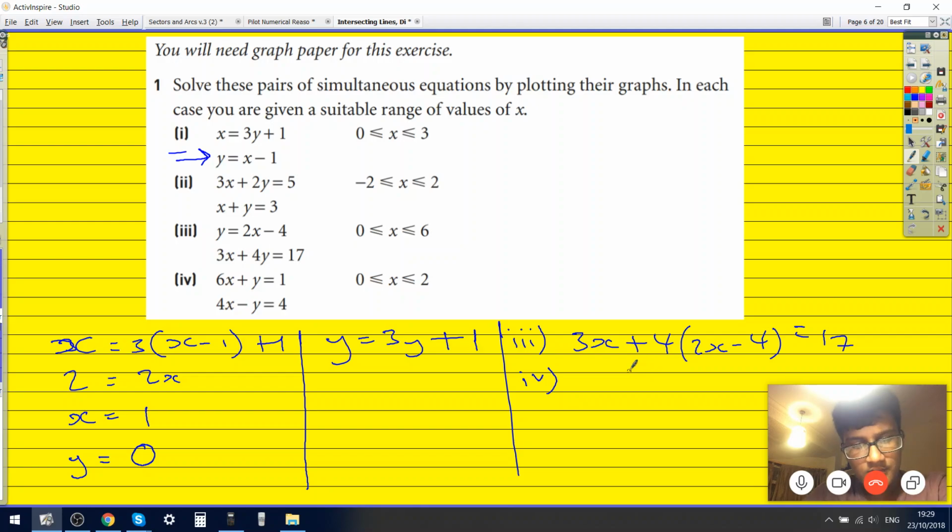You'd basically have one of them be y equals, so you could say that. That's the easiest way when one of them is already y equals or x equals.